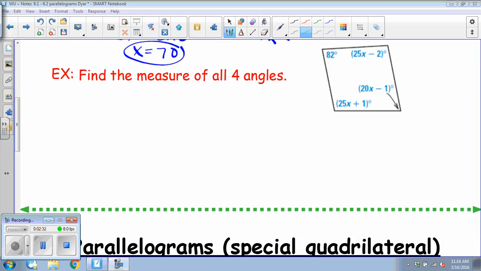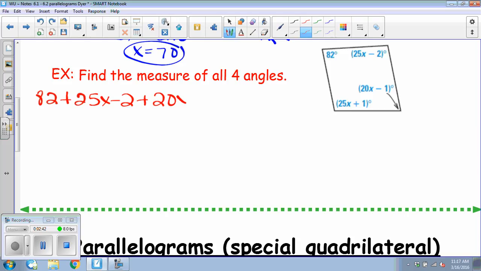Okay, so we know we have to add them all up and set them equal to 360. So, 82 plus 25x minus 2 plus 20x minus 1 plus 25x plus 1 equals 360.